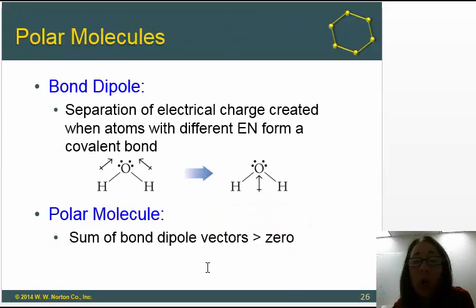Okay. So here's an example of a molecule that has polar bonds and the molecule is polar. If we look at water and we look at its Lewis dot structure, I see that there are lone pairs on the central atom. As soon as you see lone pairs on that central atom, you know that it has to be polar because it's not nonpolar.